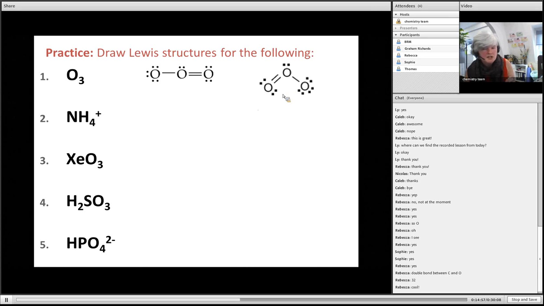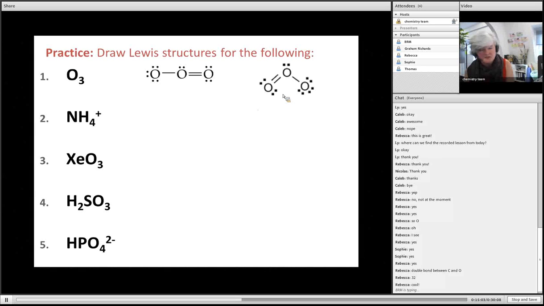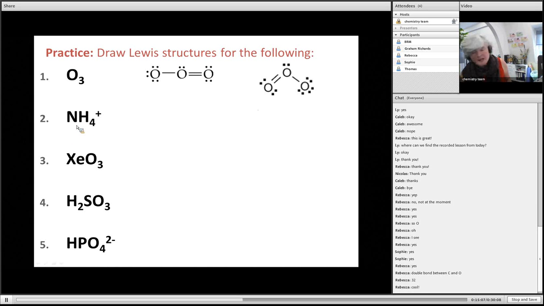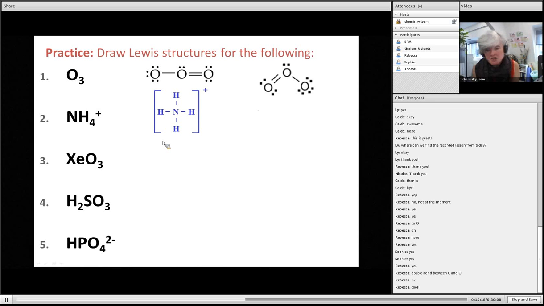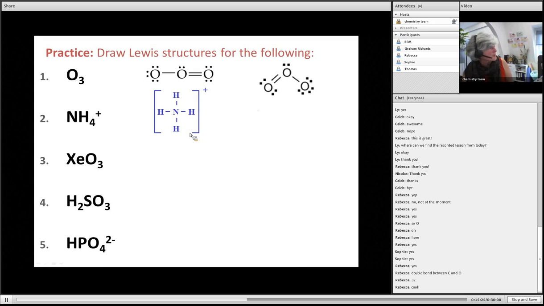Usually the mistake in the Lewis structure is because you didn't put the right number of valence electrons down. Okay. For ammonium, it's a cation. Now, for cations and anions, you have to show the positive and the negative charge, and the way you do it is you put square brackets around your Lewis structure, and then you put the charge on the outside.